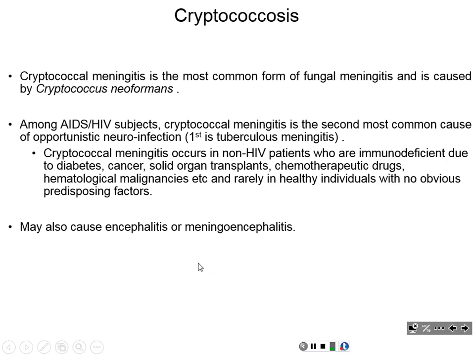Other causes of fungal meningitis are histoplasma, Candida albicans, blastomyces, and these do occur in immune-competent patients, but very rarely. They're not very common in immune-competent patients. Our immune systems are able to handle these pretty well.